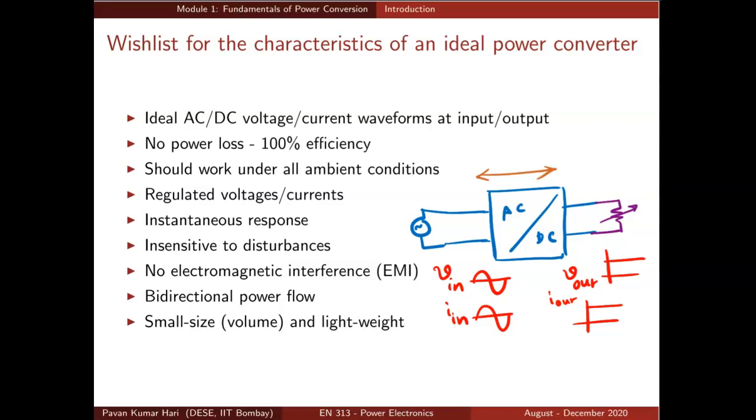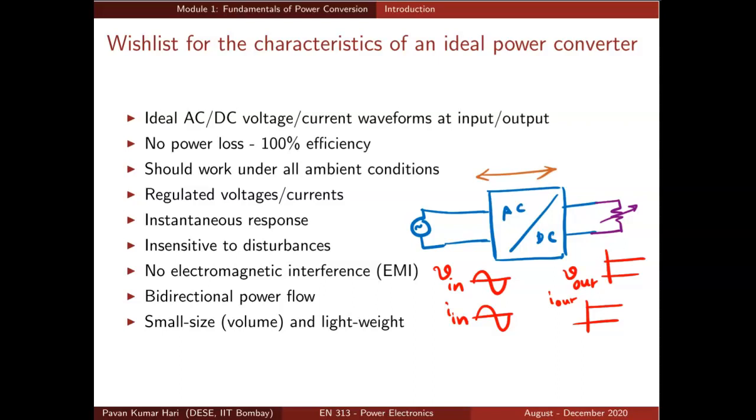If a power converter has the capability of bidirectional power flow, it can be used for both charging and discharging a battery. That means to store and retrieve energy. This bidirectional nature is also useful in regenerative braking of a motor. When a power converter is connected between a source and a motor, the kinetic energy of the motor while braking can be fed back to the source if the power converter has bidirectional power flow capability.